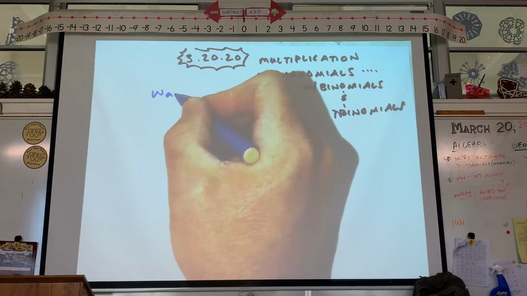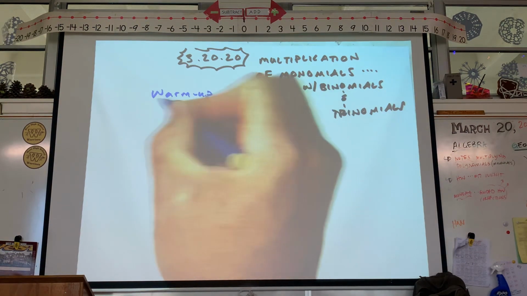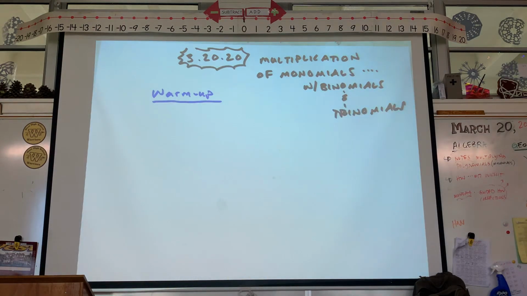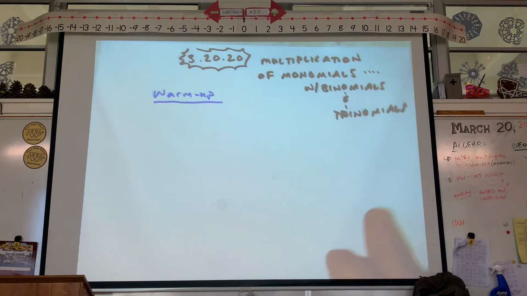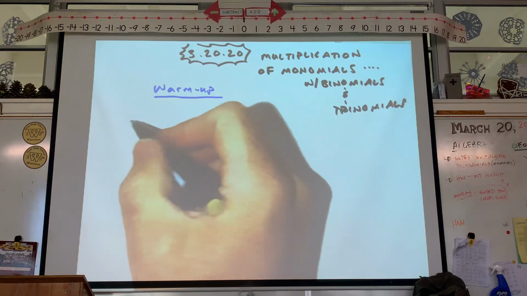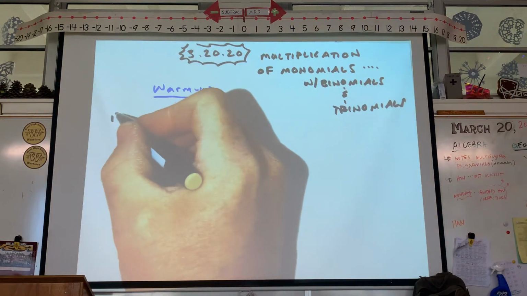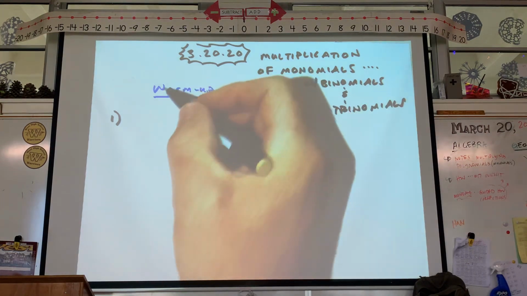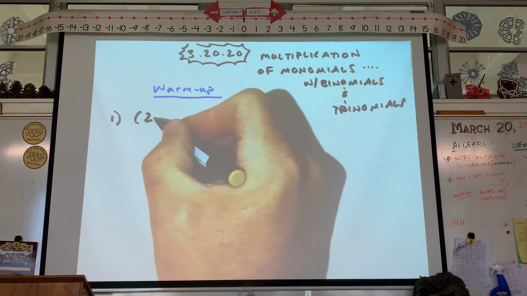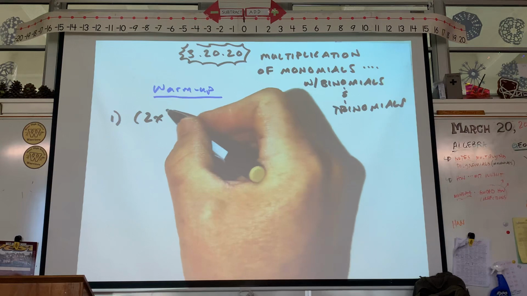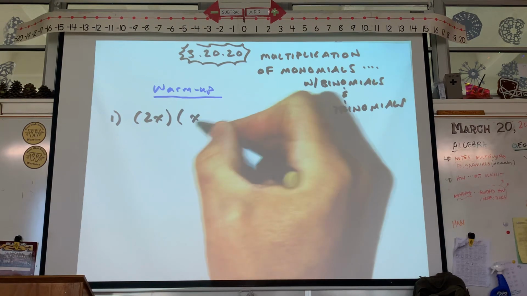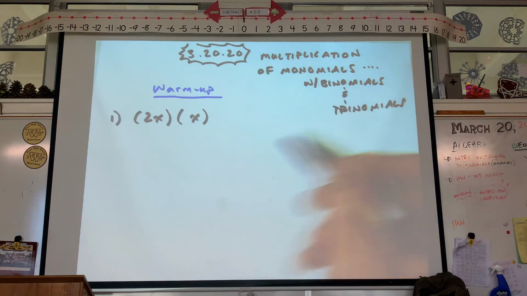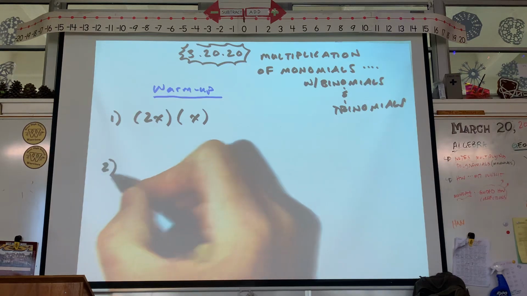Okay, here is your warm-up. We did this back in, I don't know, November. It's the concept, okay? It's basically multiplying bases and exponents. 2x times x. I just want you to copy these down first, and then I'm going to talk about them, okay?